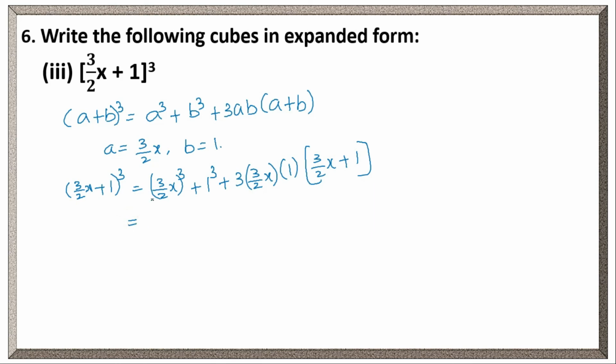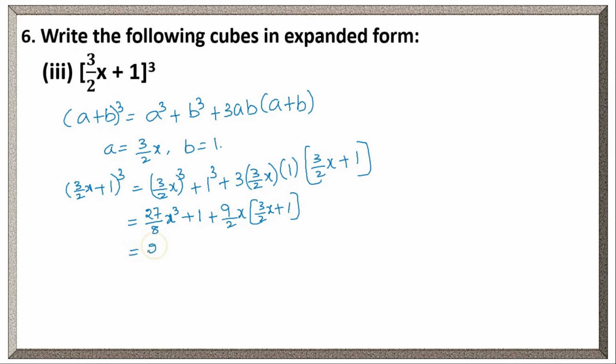Clear? Now (3/2) whole cube means 3 cube by 2 cube. 3 cube means 27 by 2 cube means 8 x cube. While simplifying, we should be very careful. Clear? 1 cube value is 1. 3 into 3, 9, plus 9 by 2 x into (3/2 x + 1).